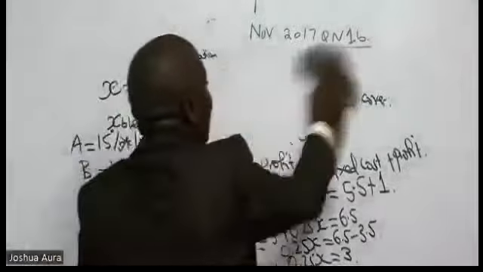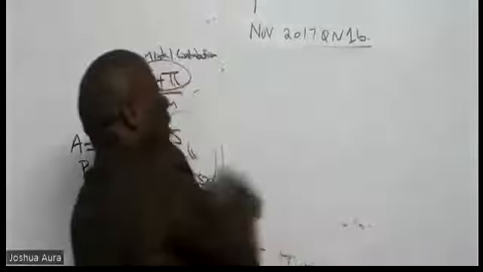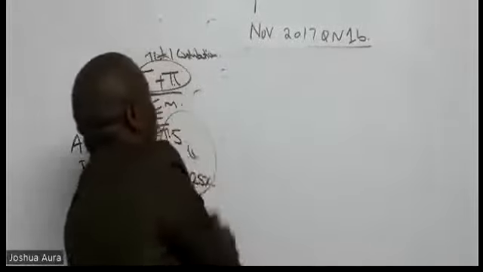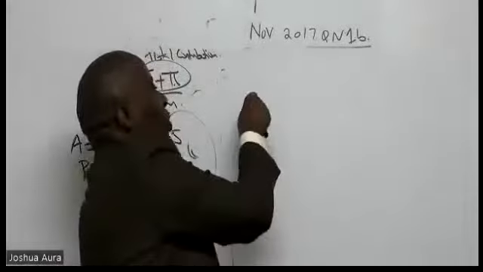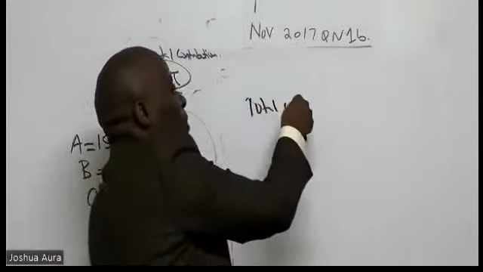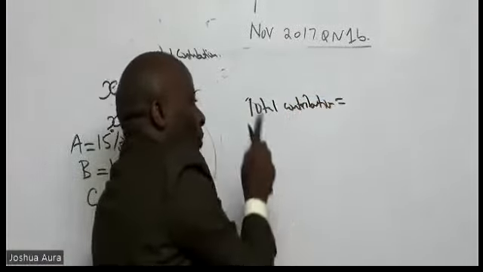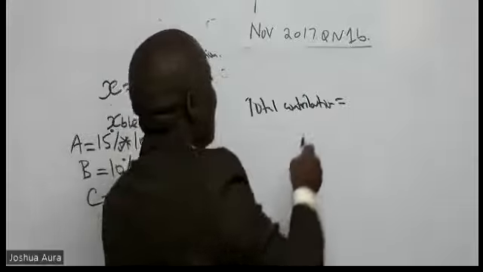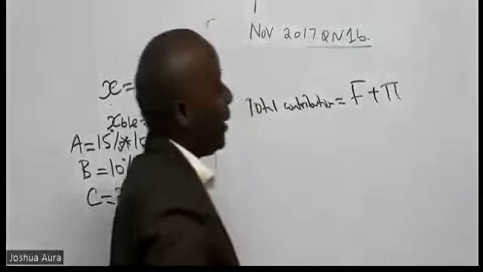Whenever they want us to get some of these things, we don't have to think about the formula always. This was a straightforward question that wanted me to get total contribution from each product, and then add them. And at the end of the day, I should have remembered the total contribution is the same as fixed cost plus profit, which is pi, or targeted profit.